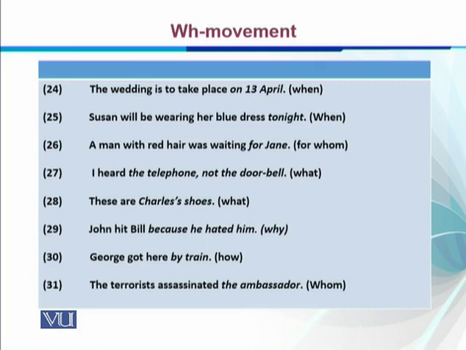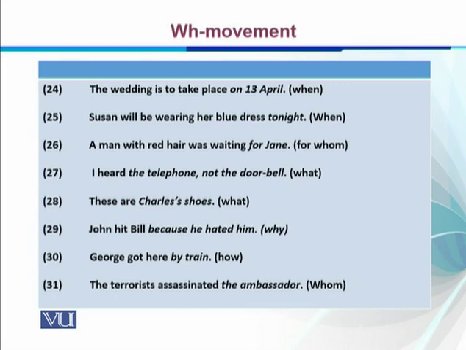If we do not know it, we put when instead, and the sentence becomes "The wedding is to take place when." Since WH tends to come to the initial position, we move when from the end position to the initial position, and then obviously subject auxiliary inversion also takes place: "When is the wedding to take place?" On 13 April.